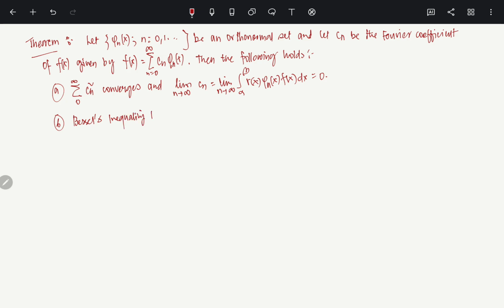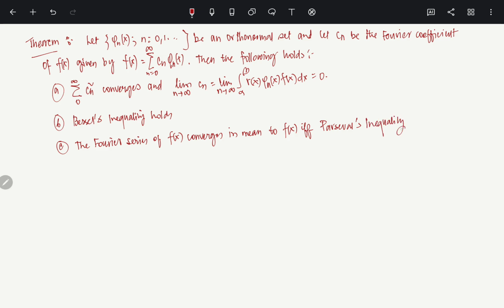And C: you have that the Fourier series of f of x converges in mean to f of x if and only if Parseval's inequality holds. Is it okay?